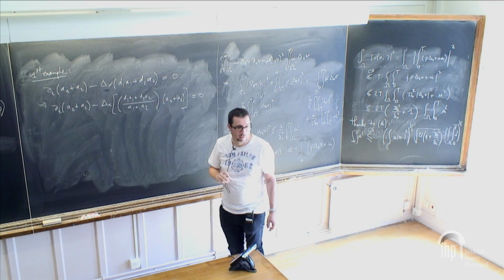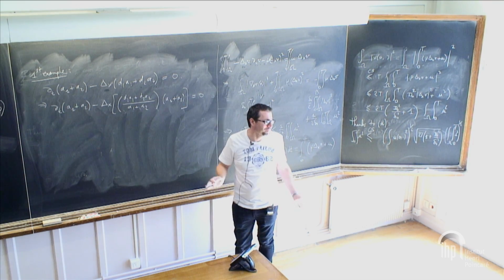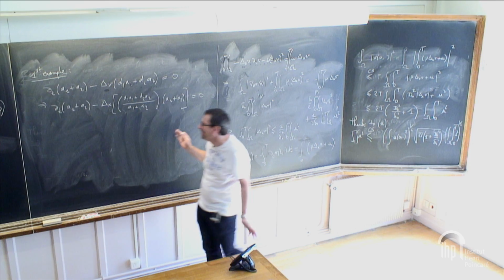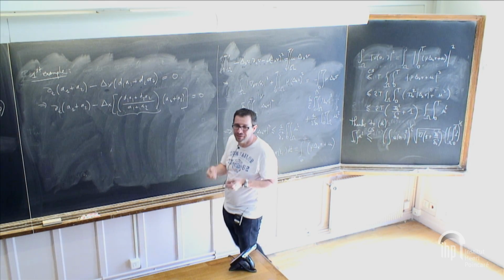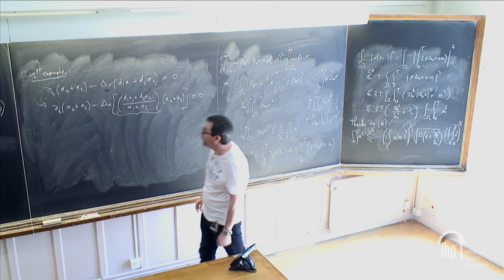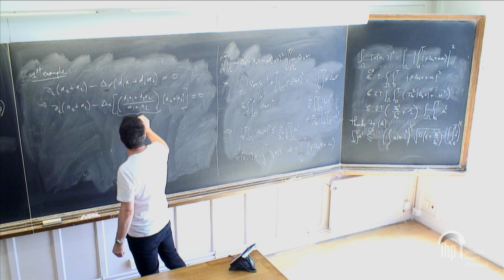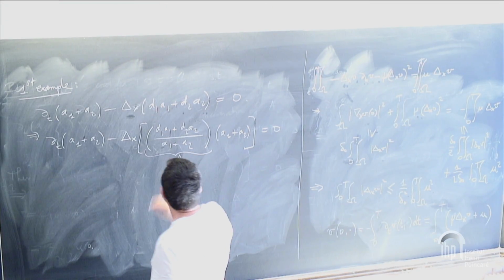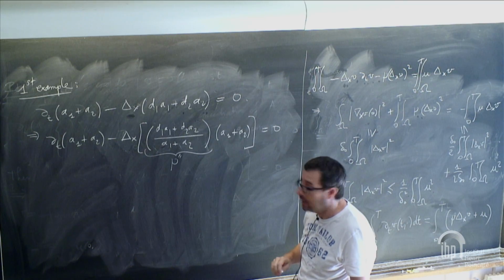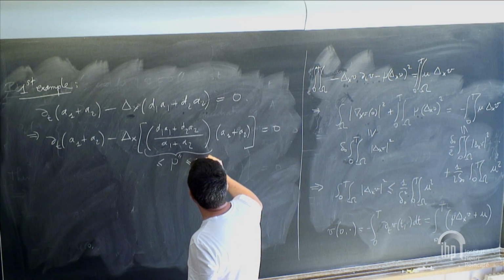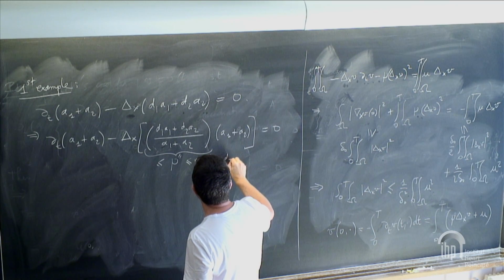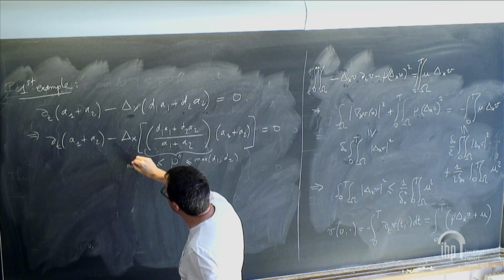Now, this should not work. That looks crazy, just to impose the equation like this. Actually, it's what works. So you define mu as this quantity here, and it's clear that mu will be living between the maximum of d1, d2, and the minimum of d1, d2.